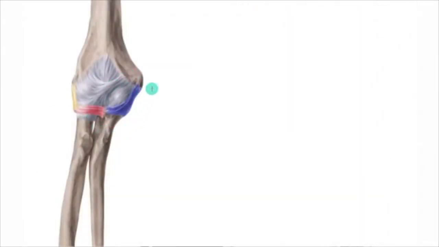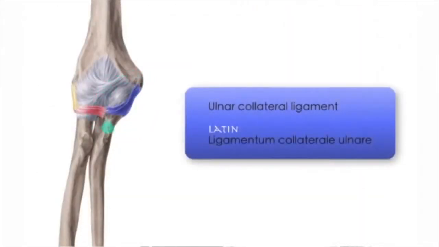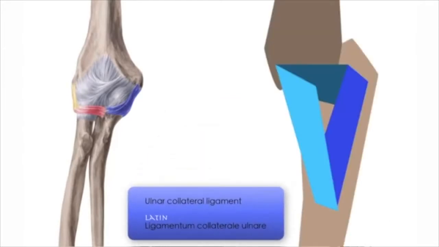Now, a few words on the ulnar collateral ligament, this structure here highlighted in blue. As you notice here, the ulnar collateral ligament has a slightly triangular shape that you can notice on this image. And it is comprised of three very, very strong bands. In order for us to understand how they look in comparison to one another and how they're attached, we're going to use a very simple image here.